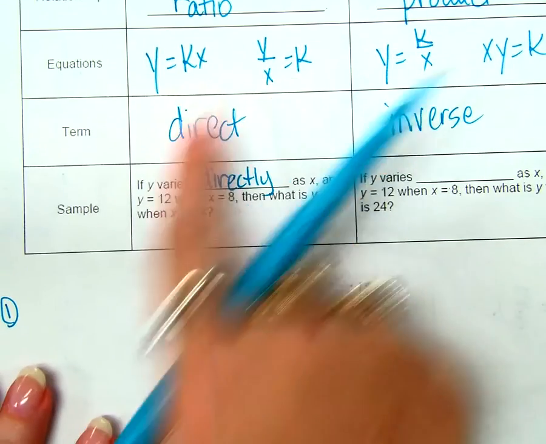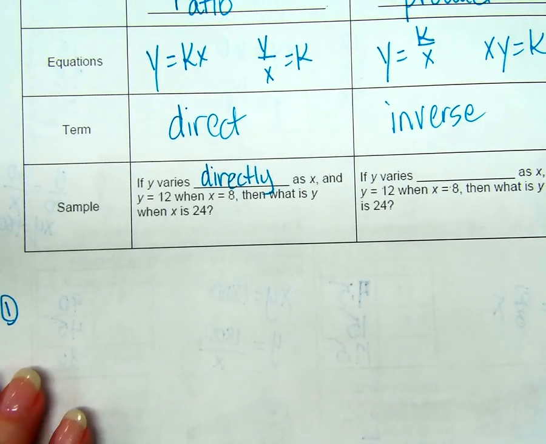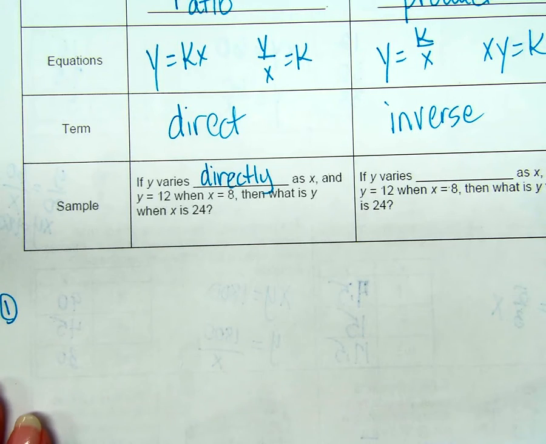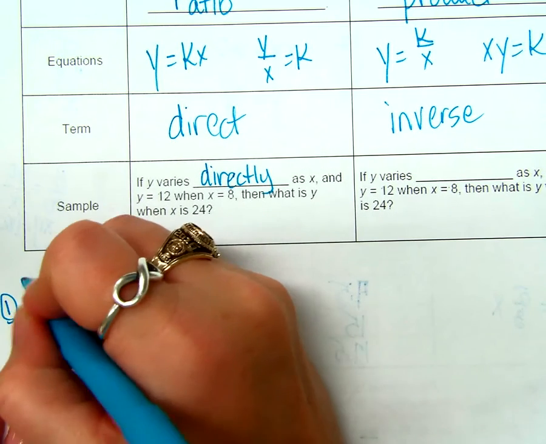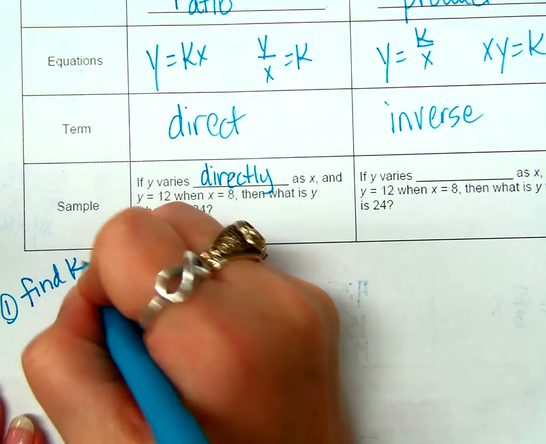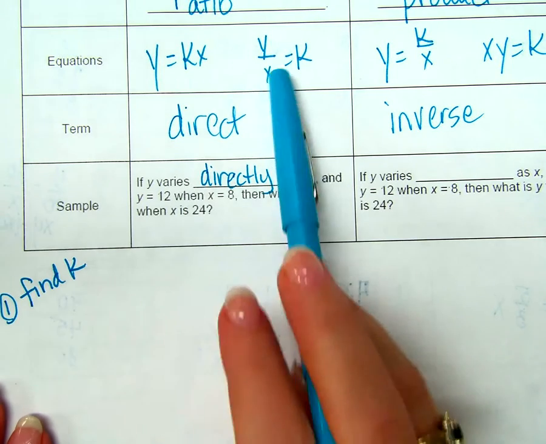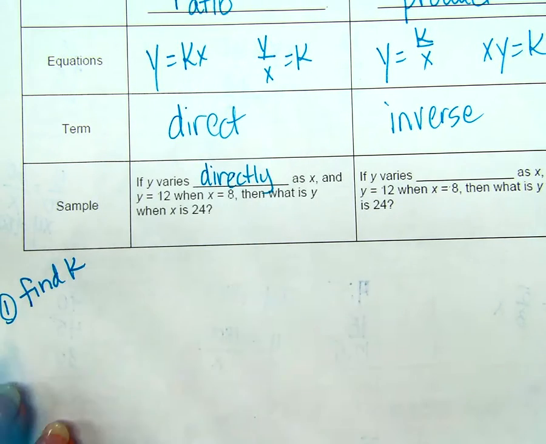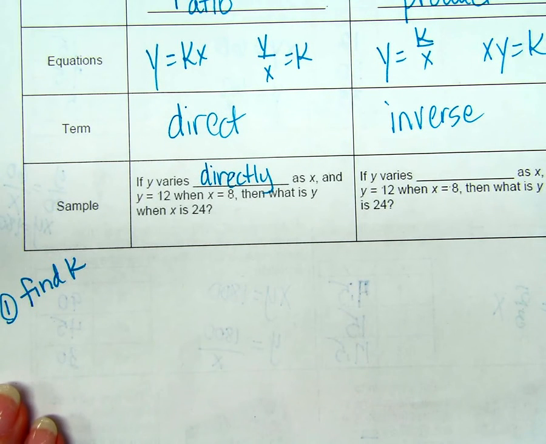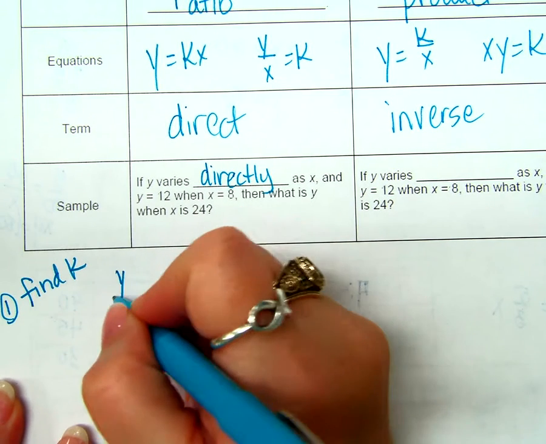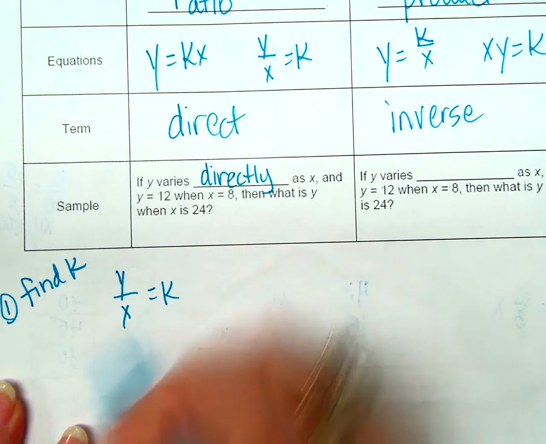Okay, so the very first thing we need to do, looking at the equations we have to use, of these equations, what don't we know? We don't know k. The first thing we need to do is find k. If I'm going to find k, which one of these two things you think I might use? Again, same equation, solve for a different variable. We probably need to use y over x equals k, right?